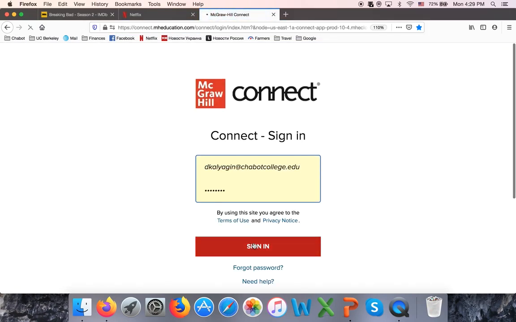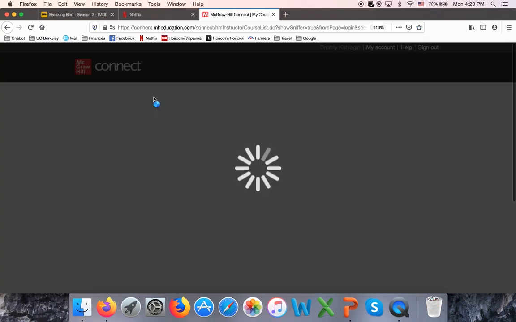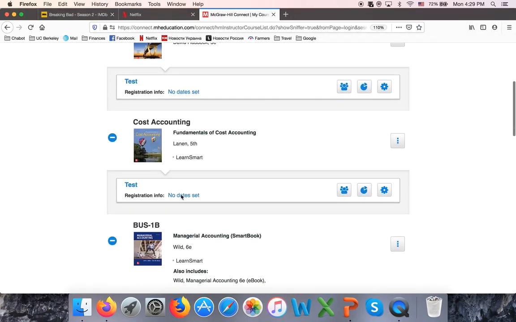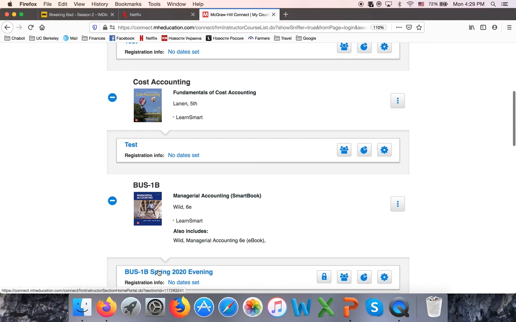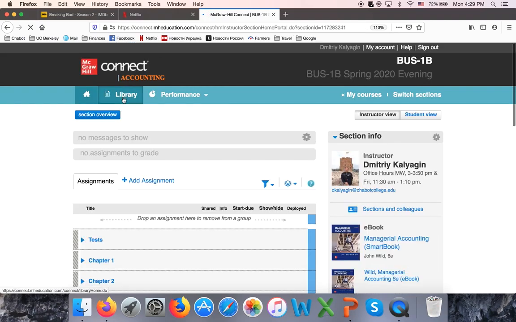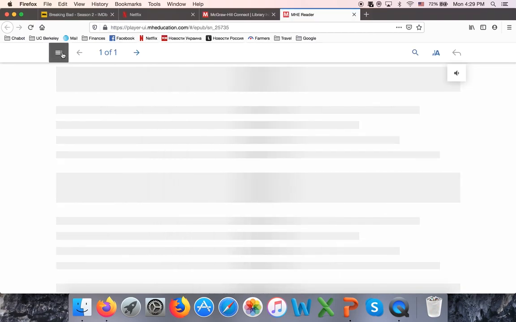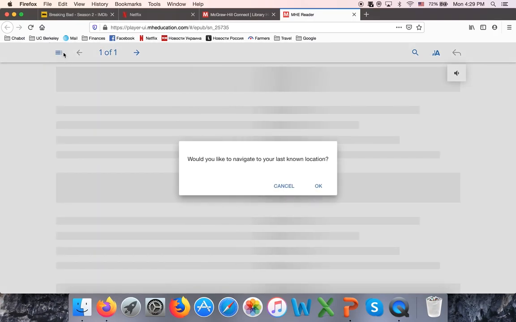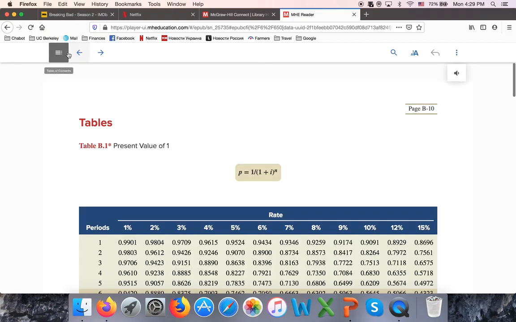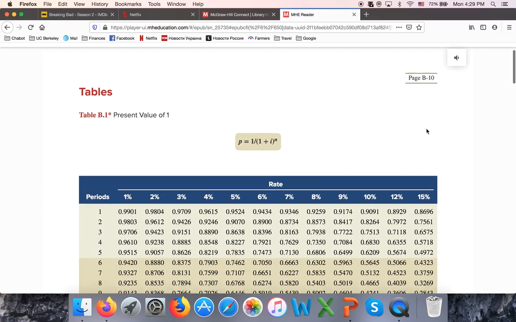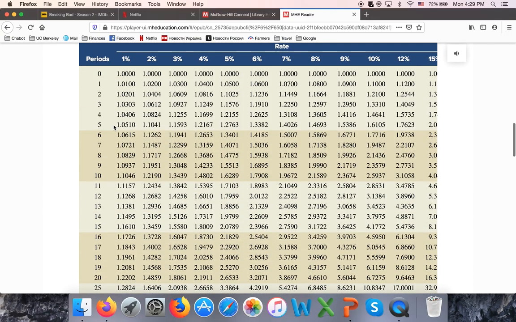And then we're going to look up, let me show you actually, I'm going to go to your textbook here. I should have opened it earlier, but it's okay. The tables are at the end of the book. I think it's Appendix B. So page B-10, but we need table B3, present value of annuity.